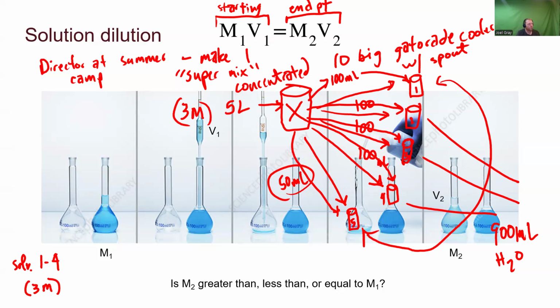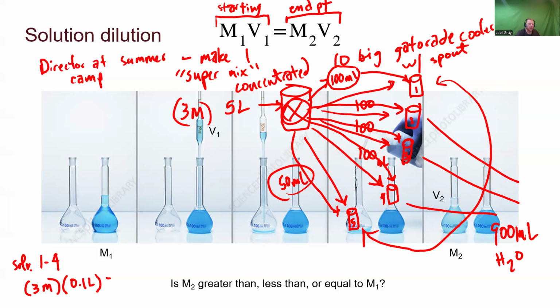But 1 through 4, what I'm doing is I'm taking the volume that I removed from this super concentrated solution. So what volume should I put right here to multiply by 3 M? 0.1 liters, or yeah, in this case, you could actually say 100 milliliters because we're going to be consistent with our volumes. But I like what you guys are doing, so I'm going to stick with 0.1 liters.